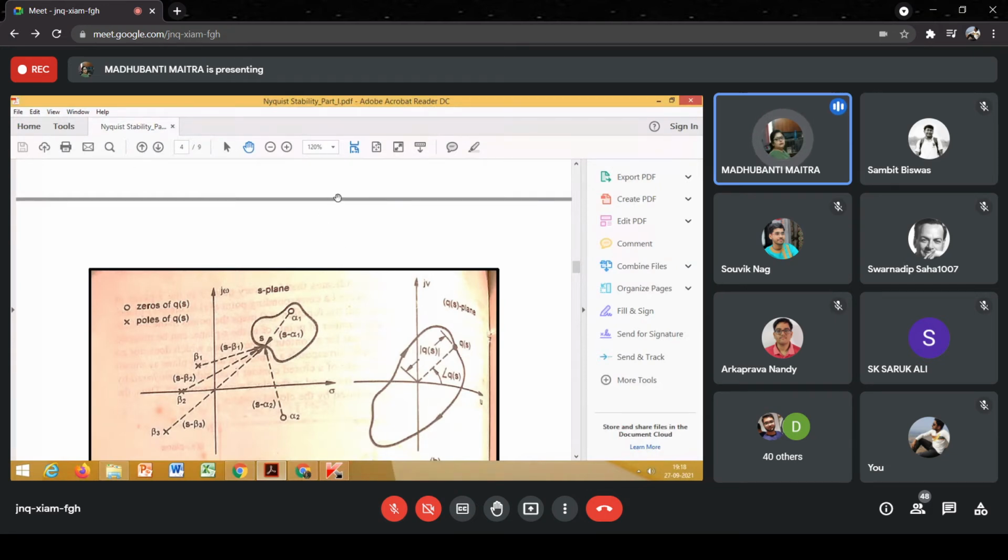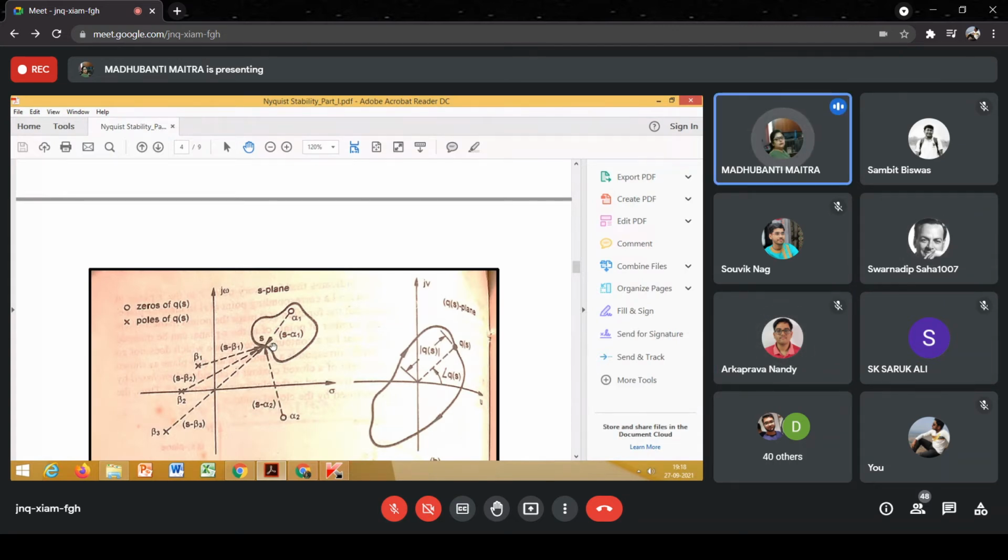Can you follow the cursor? Have you understood this? So what will be the net change in angle? Minus 2 pi, because it is rotating in the clockwise direction.